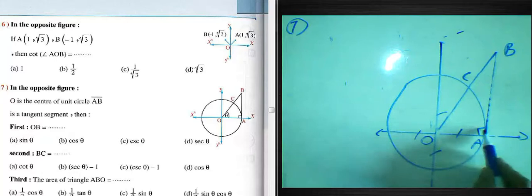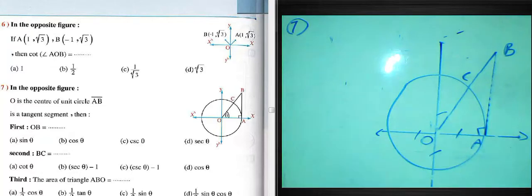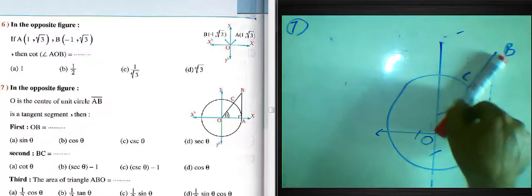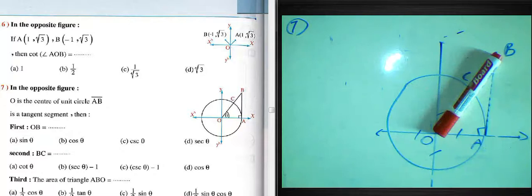We have a right angle triangle. What do you want to find? You want to find OP. OP is the hypotenuse of the right angle triangle.